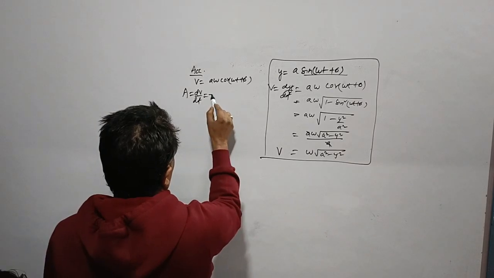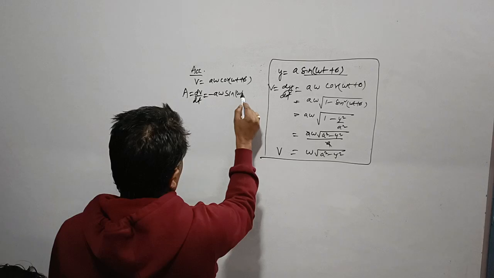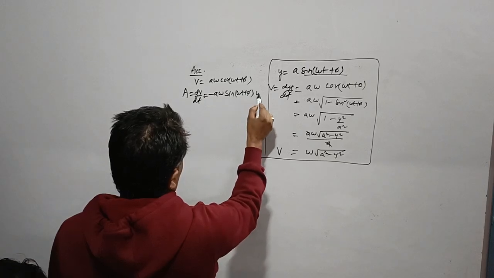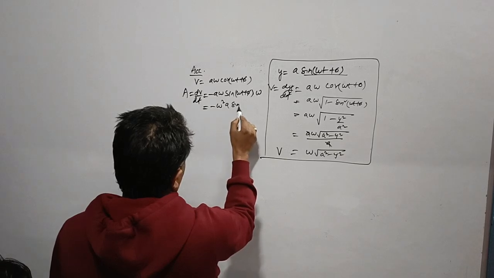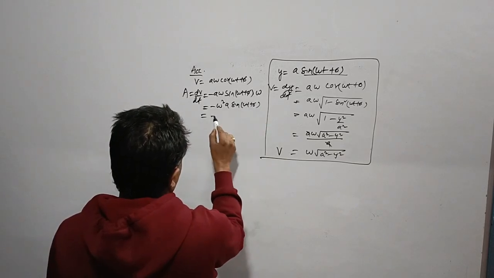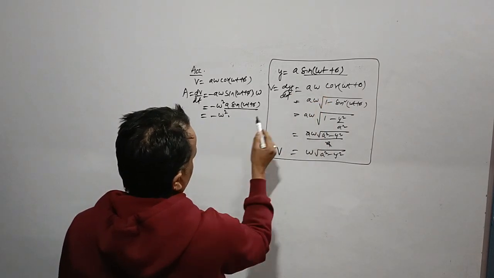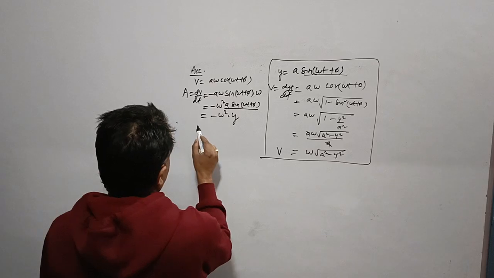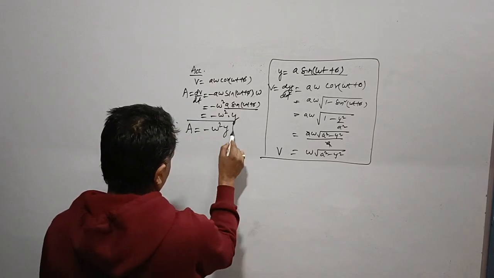This comes out to be minus a omega sine omega t plus phi into omega. This comes out to be minus omega square a sine omega t plus phi, which can be written as omega square into y. So acceleration is minus omega square y.